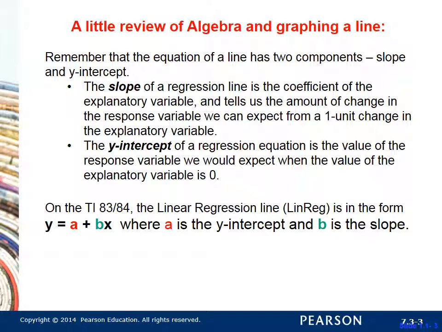That's a little backwards than you might be remembering from algebra. So a is the y-intercept, and b is the slope. So when we look at this a little later on your graphing calculator, it will show you this up at the top. It'll say y equals a plus bx, and a, remember, is your y-intercept, where it starts, and b is the slope from there, the rise over the run.